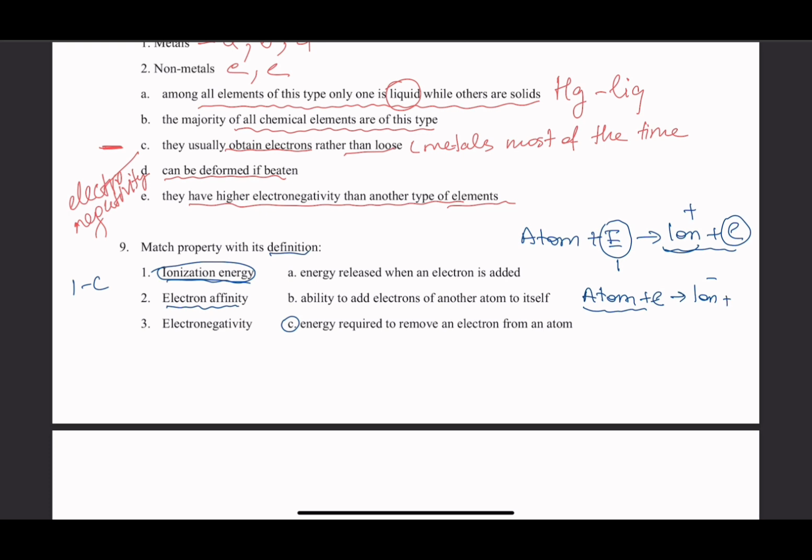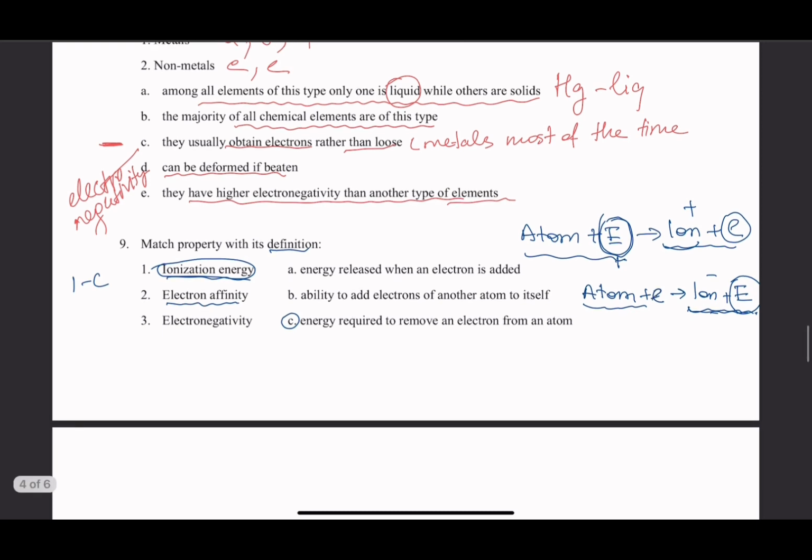And this time we're releasing energy. When you add an electron, you release energy. You see, in here we input the energy, it's on the left side, but it's on the right side in here because we release the energy. The energy released when you obtain an electron is called electron affinity. So that's why 2 is A.